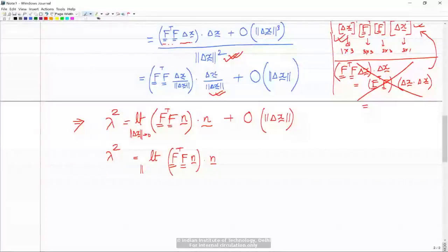And all of you now understand why we have done it, the motivation of taking the limit delta x going to 0. So this gives us this particular formula. You can see that the second term automatically drops out, that big O term.